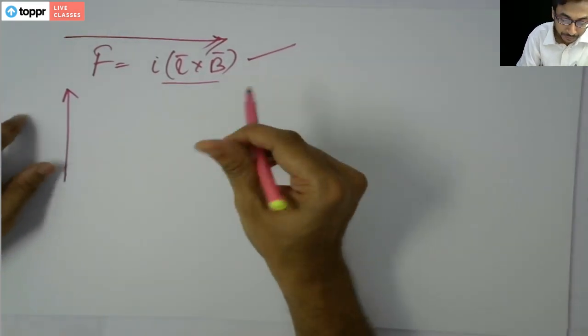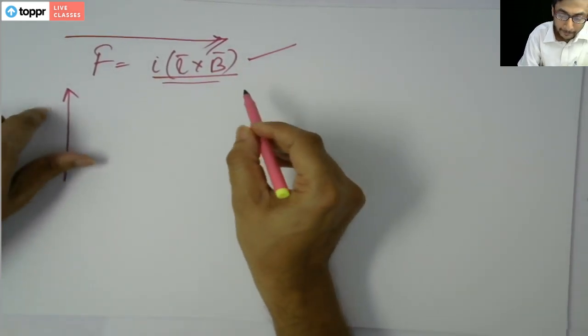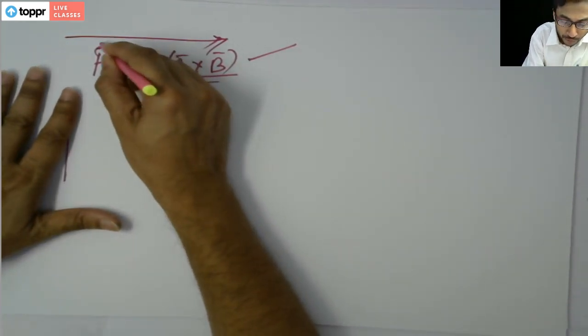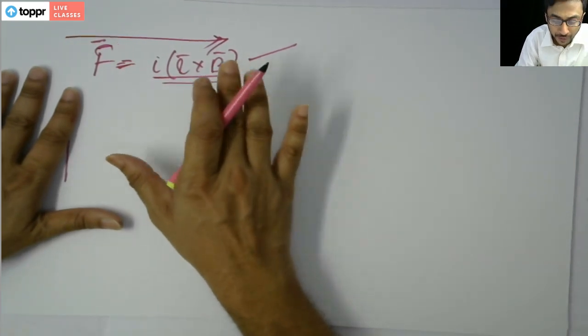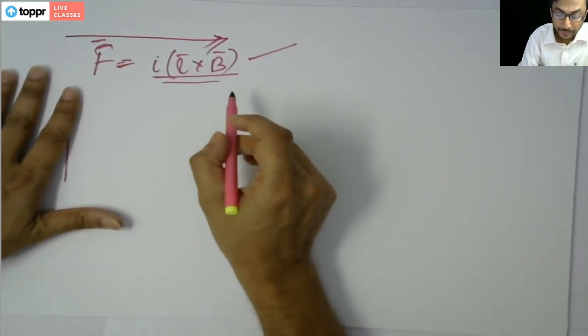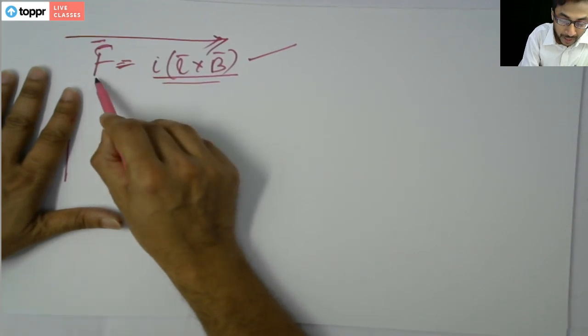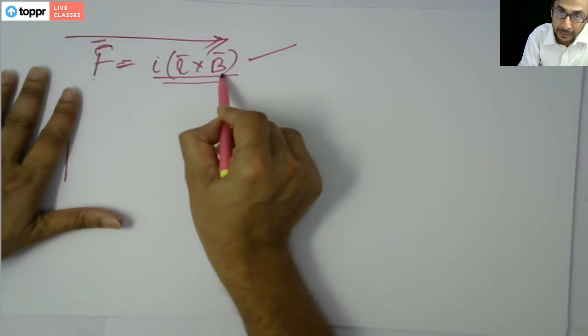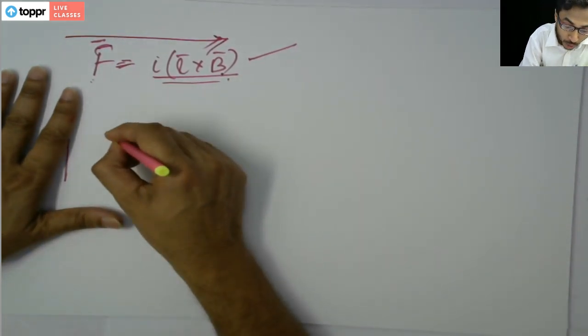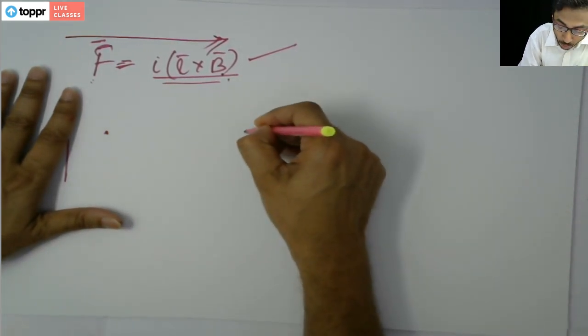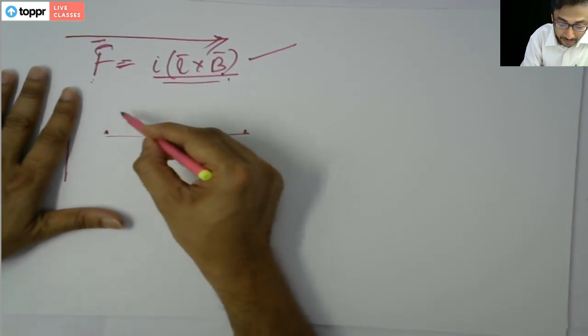Okay. Now see, this force, we are also solving a problem from this, right? Remember that the force generated in the magnetic field is a conservative force system. So it depends only on the end points.